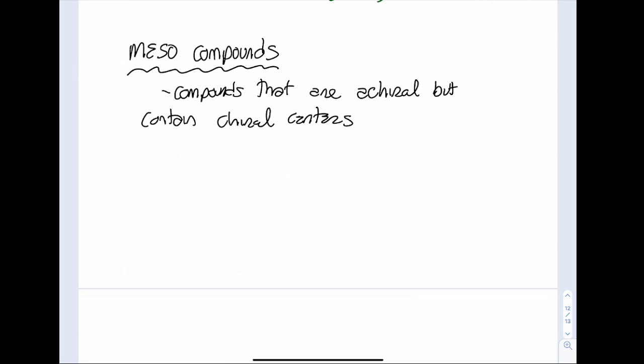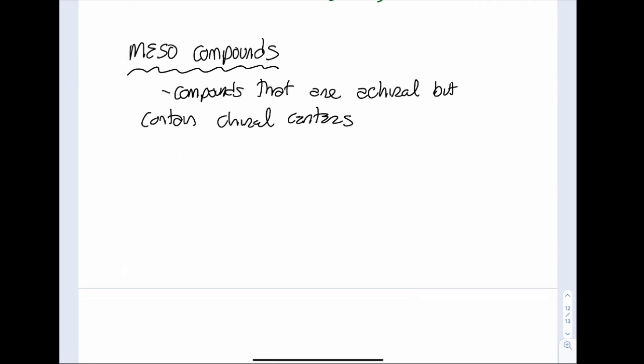And again, they have to have at least two chiral centers. Diastereomers do also, right? There's no way to have a set of diastereomers and only have one chiral center, because they have to be the same at one of them, but different at least one of them. There's no way you can be different at one but not all if you don't have more than one. So both diastereomers and meso compounds are going to have more than one chiral center.